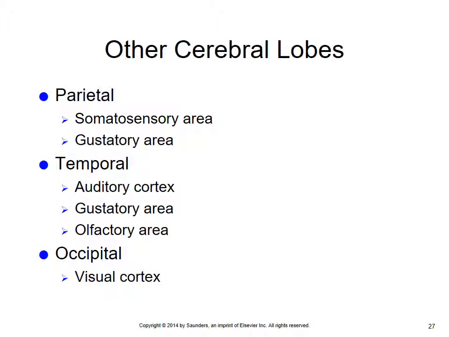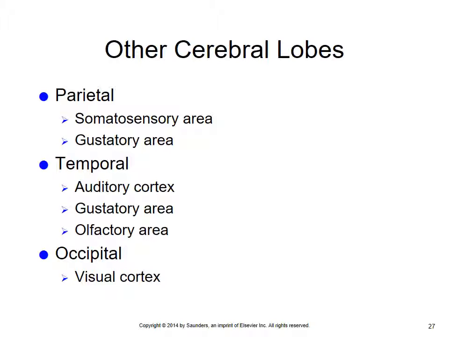Looking at other cerebral lobes, we have the parietal, the temporal, and the occipital. The parietal lobe contains the somatosensory area. This area interprets temperature, pain, pressure, light touch, and proprioception.